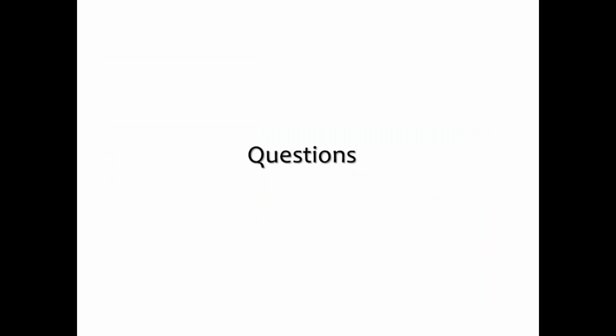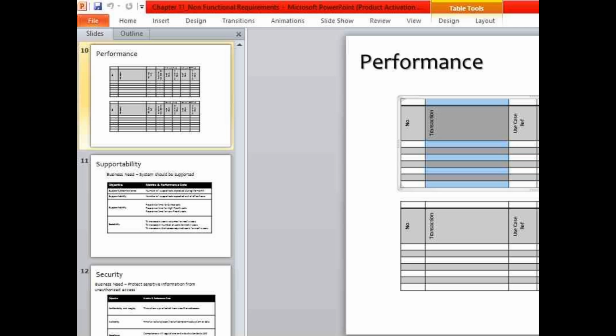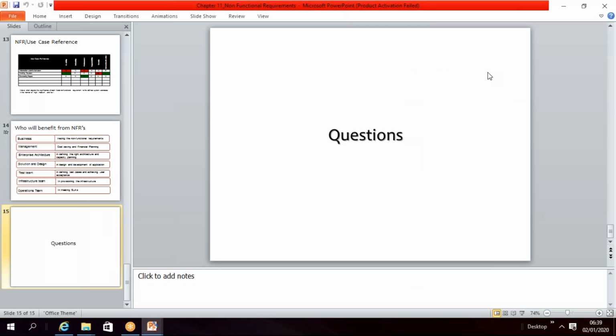Okay. All right. So that's about the non-functional requirements for a software application. What I want you to do is go through these non-functional requirements in your mind and try to relate them with applications.